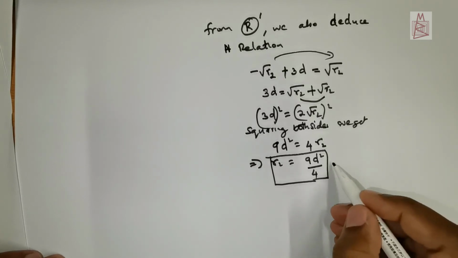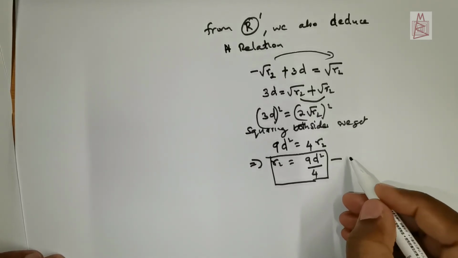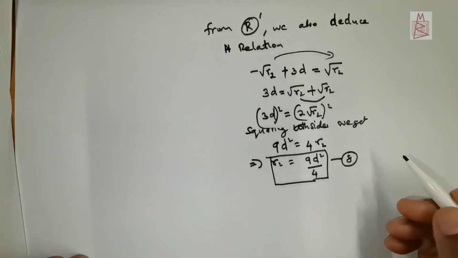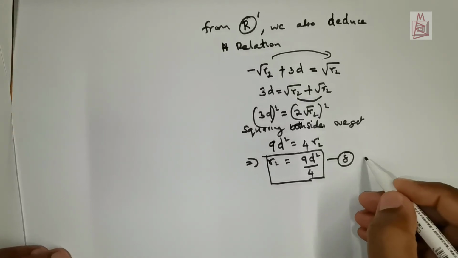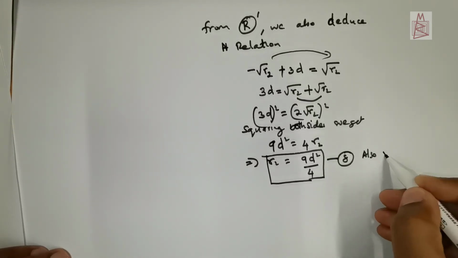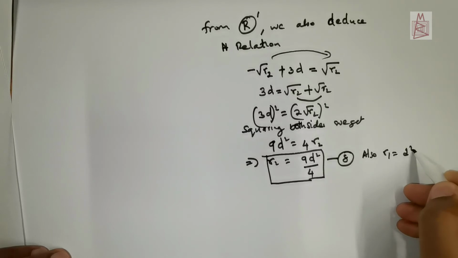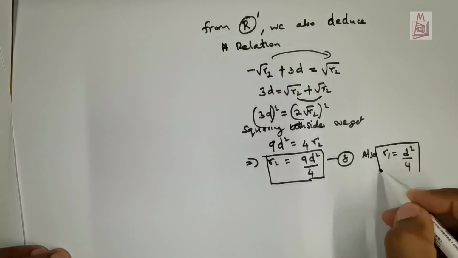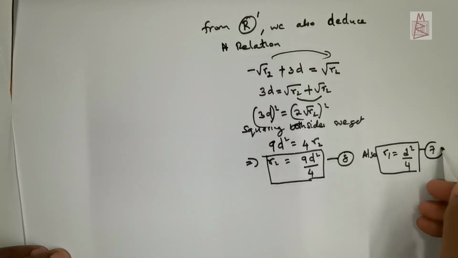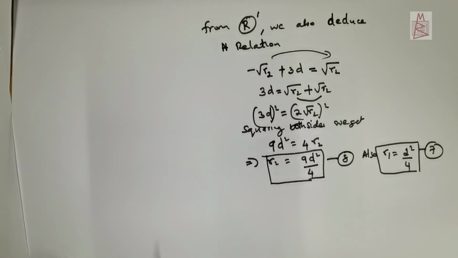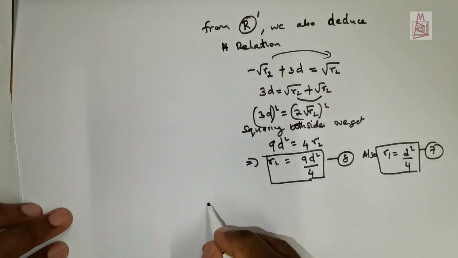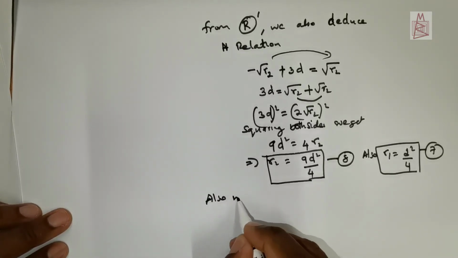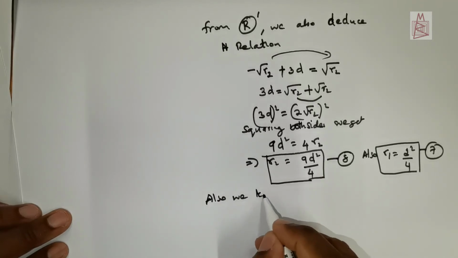So already we have R1 and this is going to be 8. Now we have got for R1 also, let me state it here. Also R1 is equal to d squared divided by 4. So this is going to be 7. Now clearly we know that R1 plus R2, also from the previous we know that.